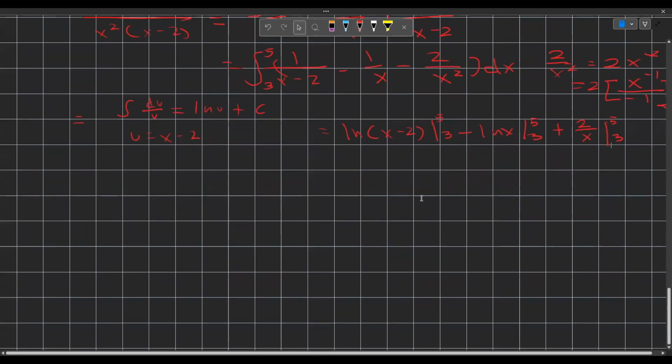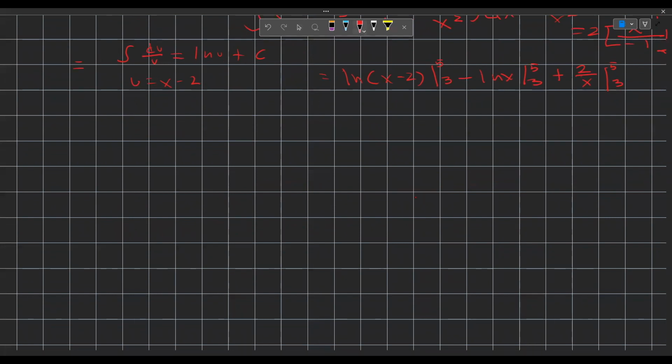And now that we've integrated the formula, we can just substitute the following values, which is 5 as the upper limit and 3 as the lower limit.